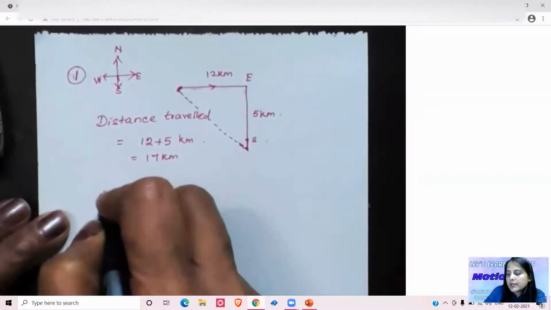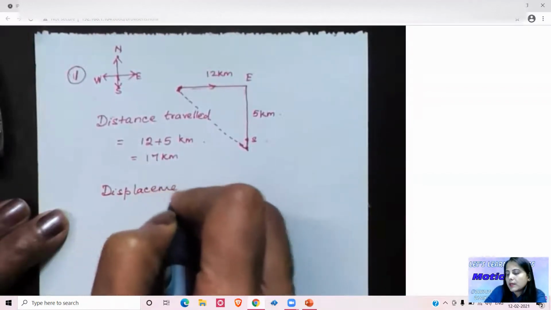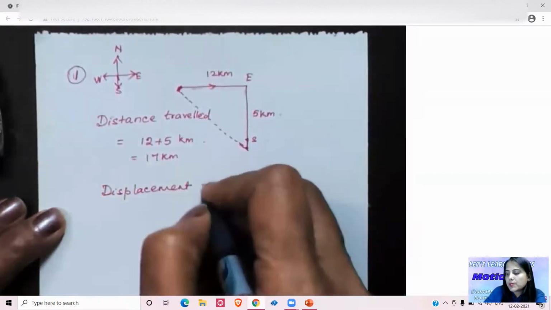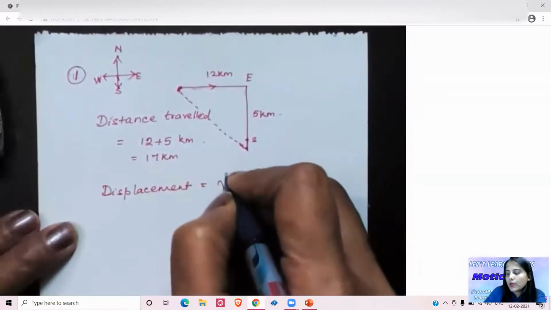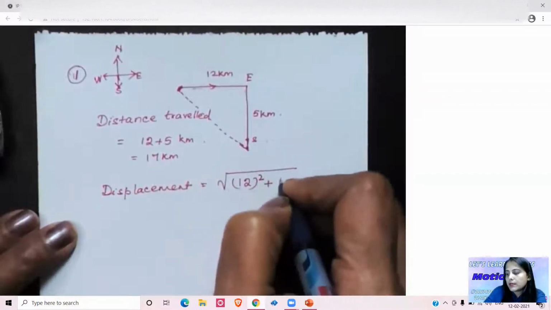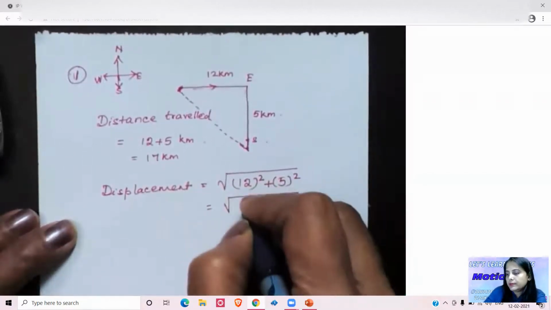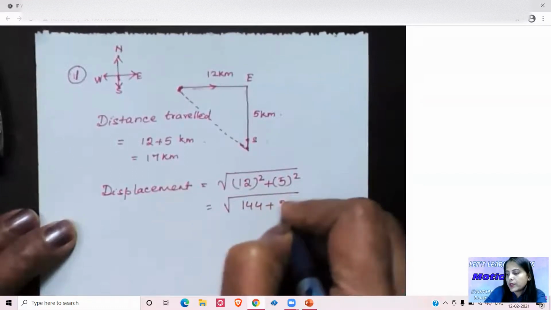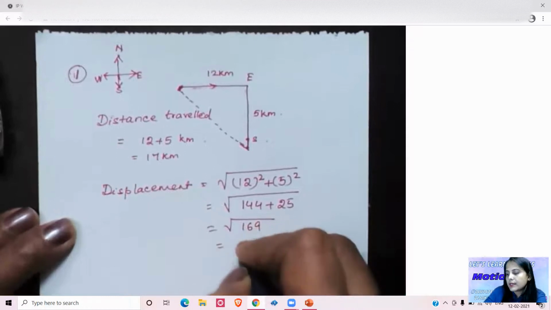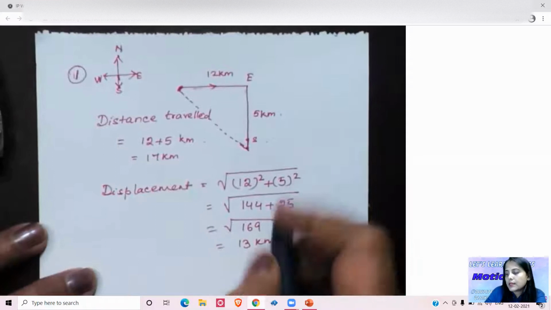So you will write Sam's displacement is equal to square root of 12 square plus 5 square. That is 144 plus 25, or square root of 169, that is 13 kilometers. So this gives us the answer.